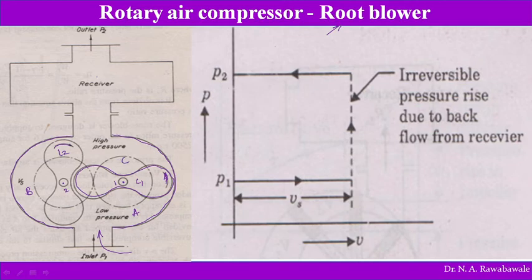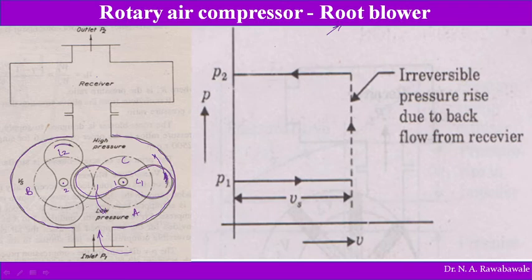Now as we start this compressor, the fresh air enters this space and occupies space A. As the lobes rotate, both lobes rotate at the same time. This lobe moves in the downward direction and this one moves in the upward direction.